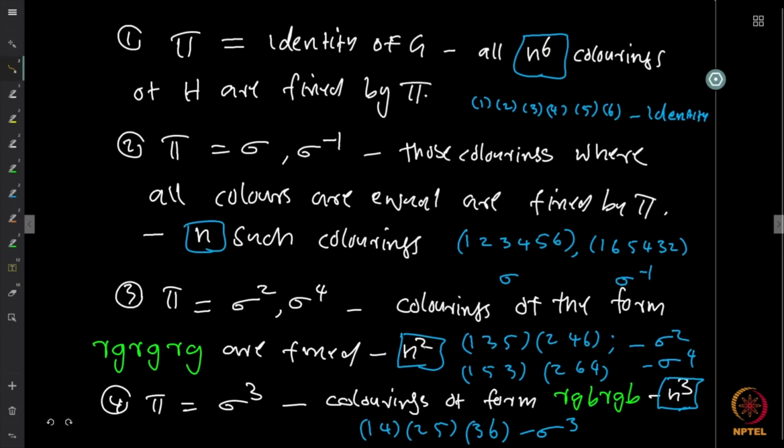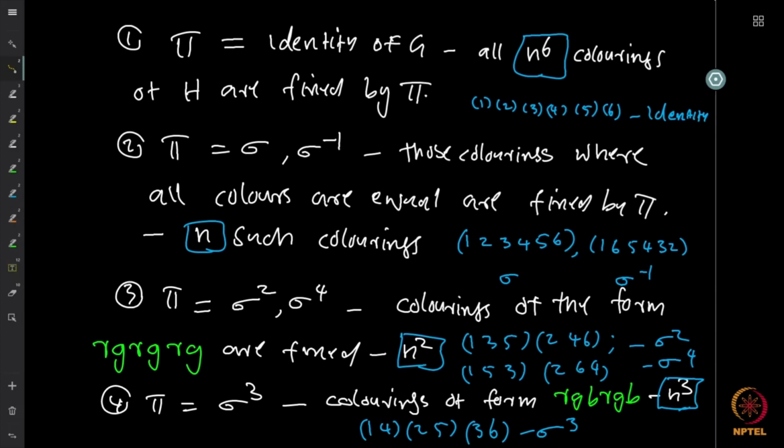So the exponent is 2 for n, n raised to 2. Sigma raised to 4 is exactly the same. And sigma cube has exactly 3 cycles, 1, 4, 2, 5, and 3, 6. And therefore, we have n cube colorings.